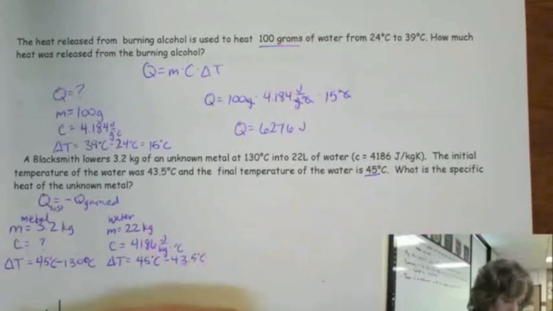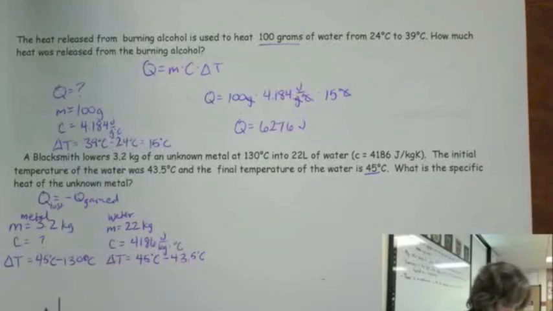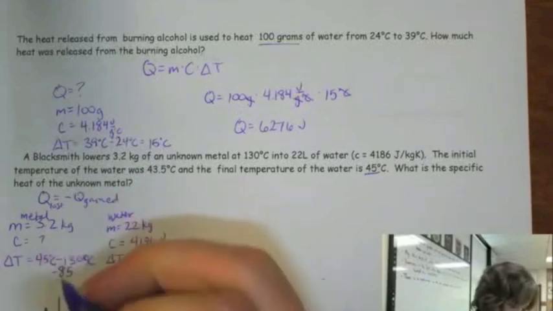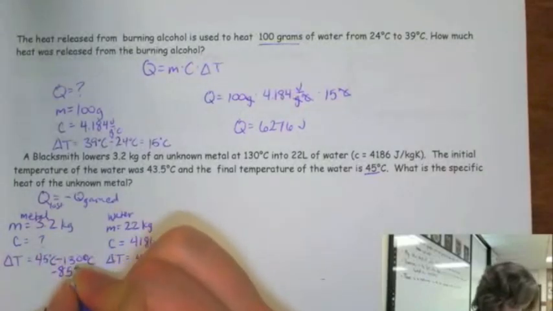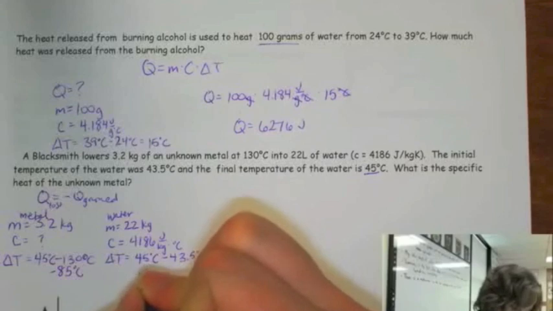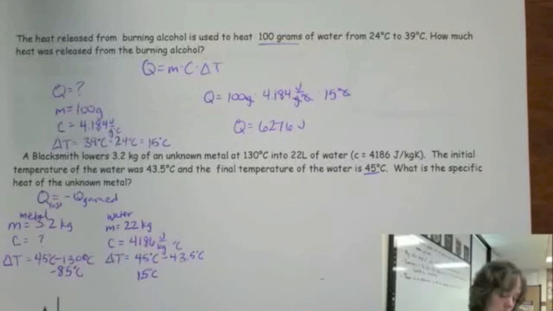All right, so let's do our change in temperatures first. So we have 45 minus 130, which is negative 85 is our change in temperature for our metal. And then we have 45 minus 43.5, so I could say 1.5 degree temperature change for our water. So we're going to plug this all into our equation.